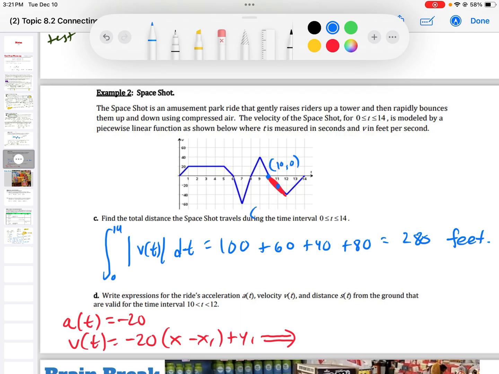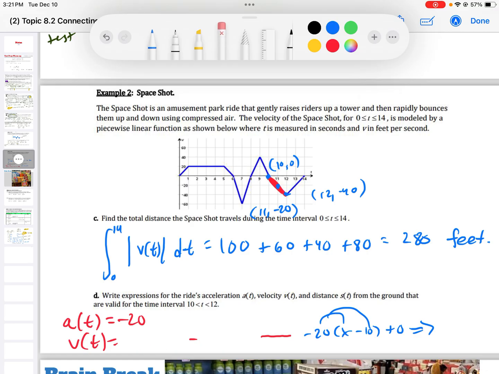Use the point 10, 0. I could use the point 11, negative 20, or I could use the point 12, negative 40. Now, no matter what, I get the same answer. It'd be negative 20, x minus 10 plus 0. Distribute the negative 20, and we get negative 20x plus 200. So velocity is negative 20x plus 200.